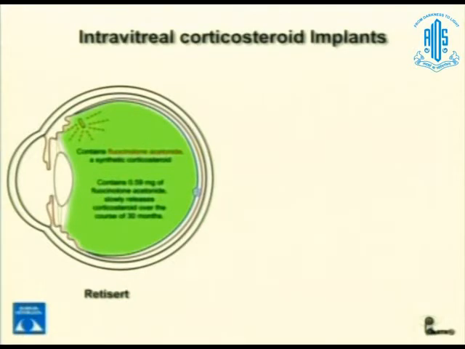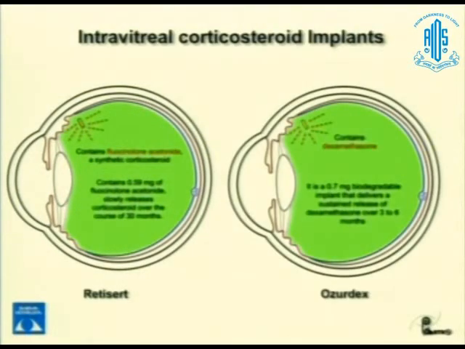The other group modified that because dexamethasone has higher potency than triamcinolone acetonide and fluocinolone acetonide. So we devised another device called Ozurdex. Ozurdex slowly releases 0.7 mg of the implant, but for a lesser period of time, for 3 to 6 months. Clear?